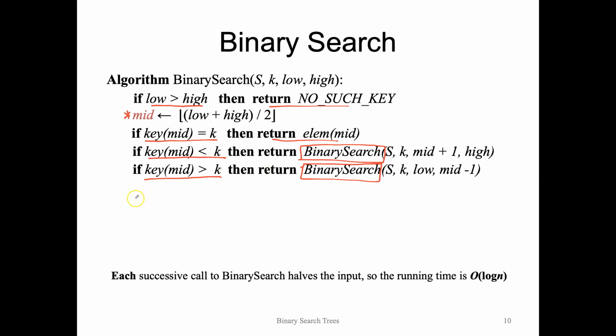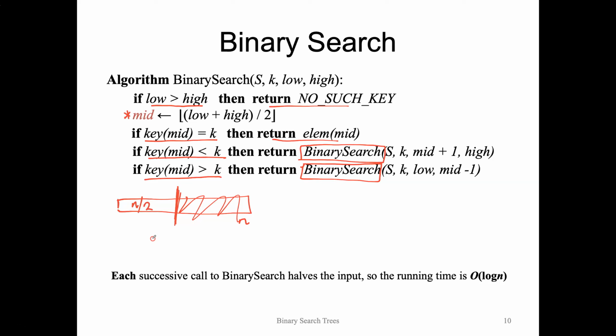We start off with a sequence of size n. We have n total elements here. And then within the first iteration, we divide this sequence by half. It doesn't matter which way we go here, but the new sequence that we're working with is of size n over 2.